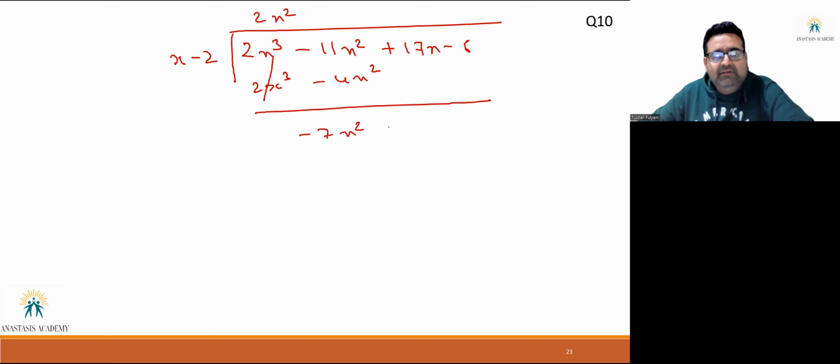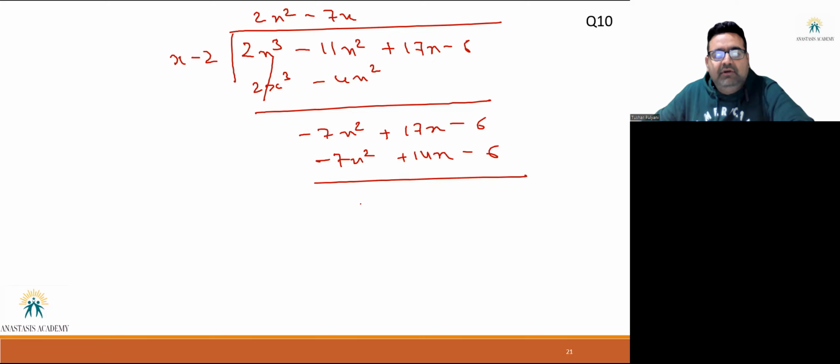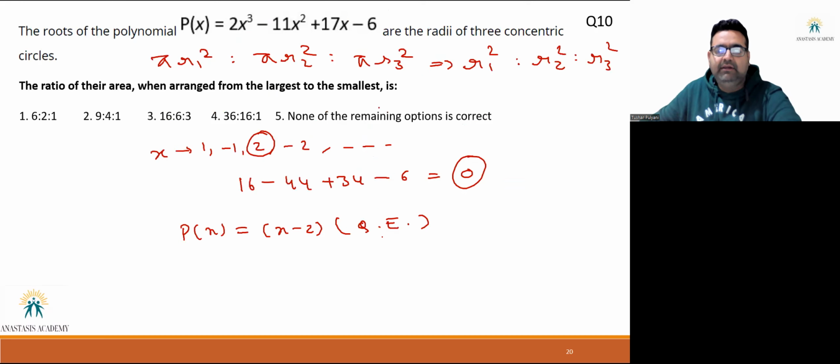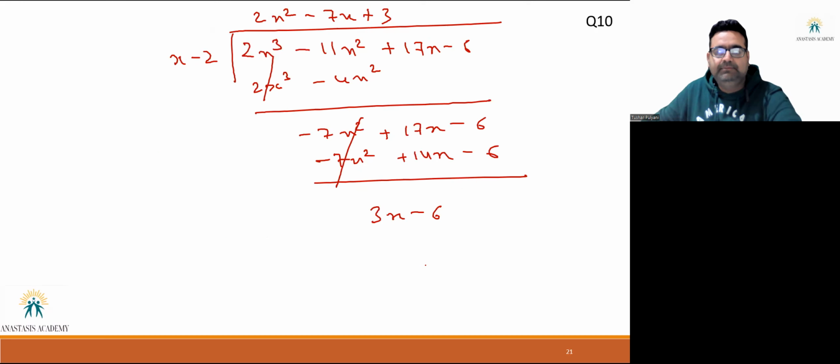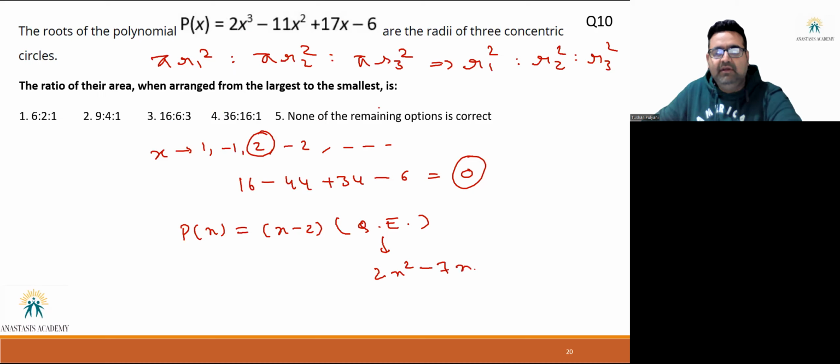This is minus 7x square. These will come down. Now you multiply by minus 7x: minus 7x square plus 14x, minus 6. When you subtract it, this goes, and you get 3x minus 6, which is nothing but 3 times x minus 2. So the quadratic which we were trying to get is nothing but 2x square minus 7x plus 3.